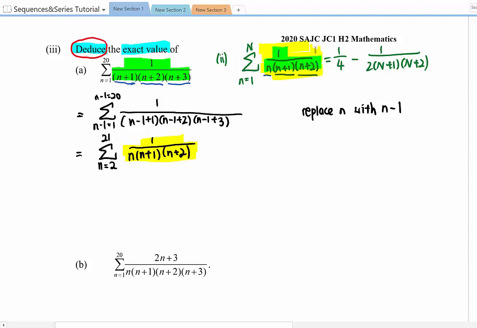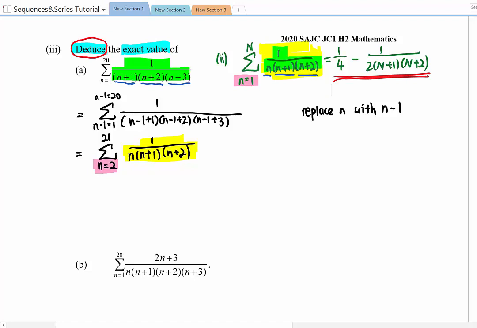However, we still have things that differ from part 2. And what is it that's different? It is the lower limit of n equals to 2 versus the lower limit of n equals to 1. And since we are doing a deduction question, we cannot simply recalculate our series and redo our method of differences. We have to try to get our result, put our expression on the right-hand side into our working.